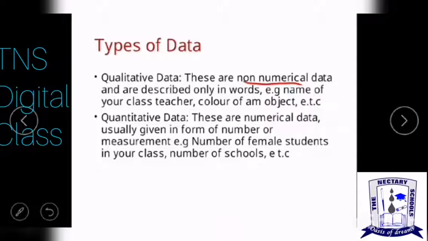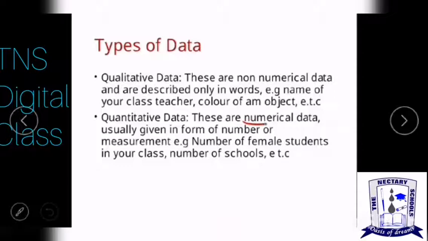Non-numerical data and are described only in words. For example, name of your class teacher, color of an object, the taste of a particular food, and so on.